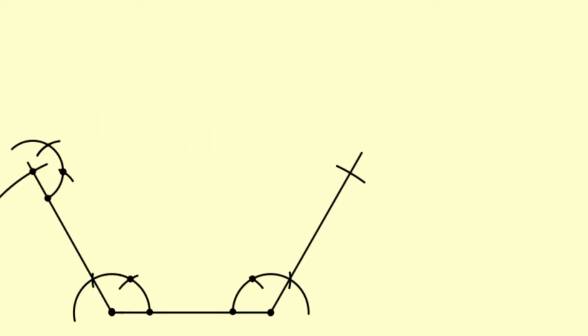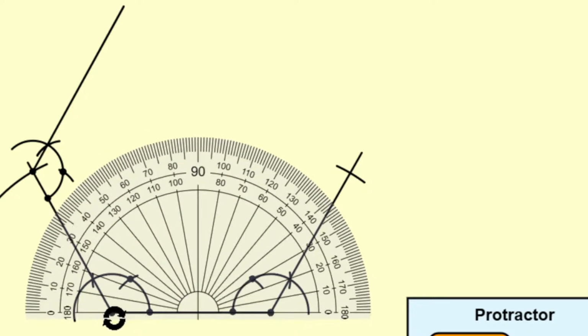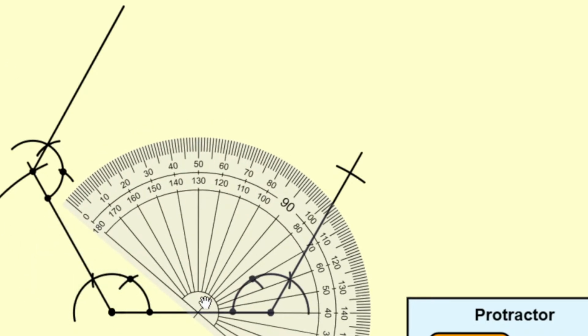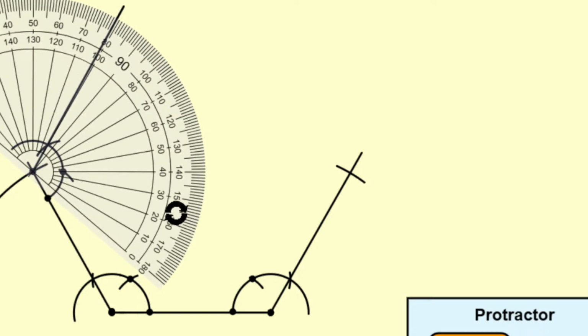So here I have got now an angle of 120 degree. I'll just draw this line. Let's check whether our angle is correct or not. Angles, I want you to check.